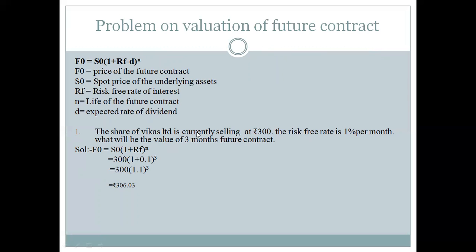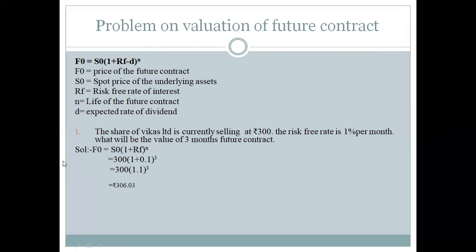The share of Vikas Limited is currently selling at 300 rupees. This is S0, the spot price. The risk-free rate of interest is 1% per month. This is RF. What will be the value for 3 months?